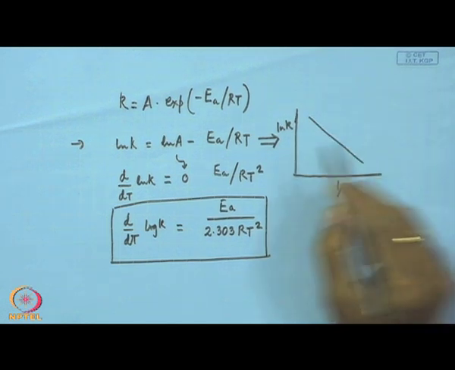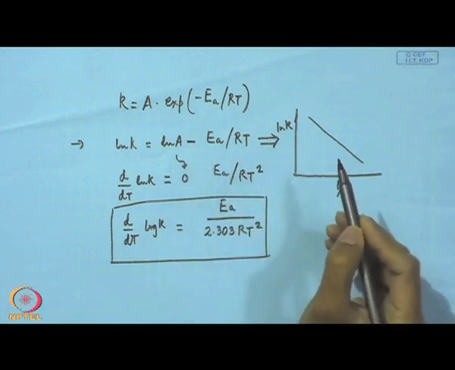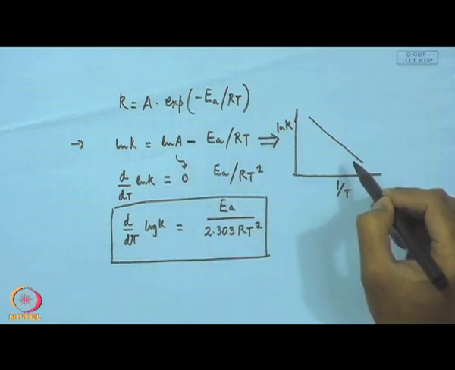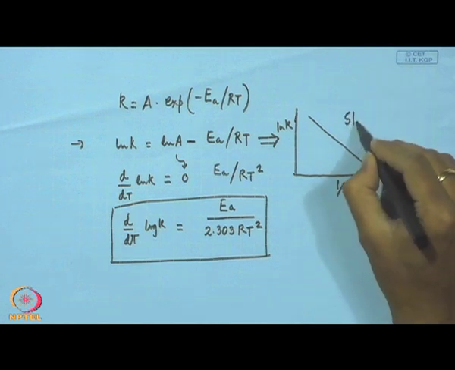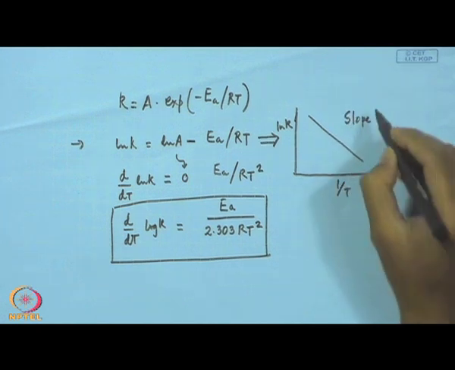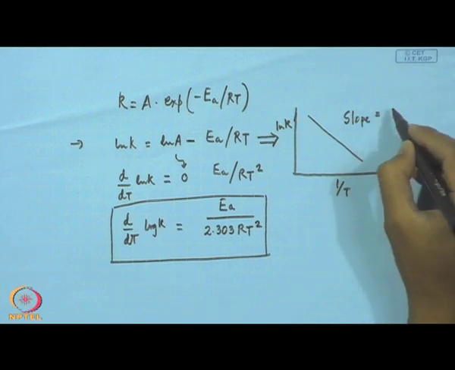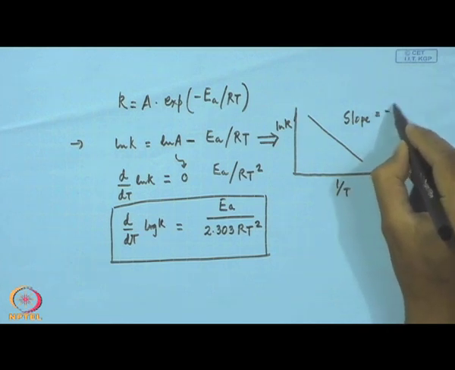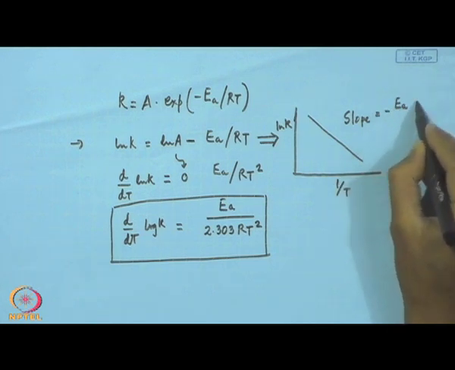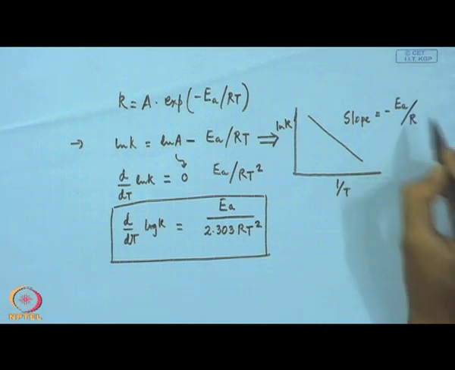And of course, since there is a negative sign, it is with a negative slope, and the slope will be equal to minus EA by R.